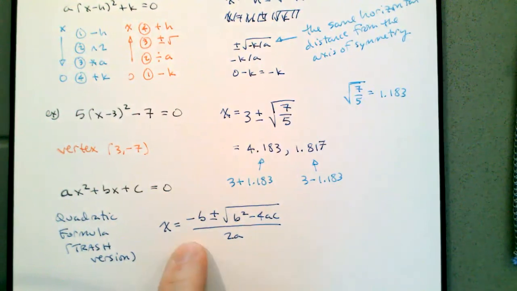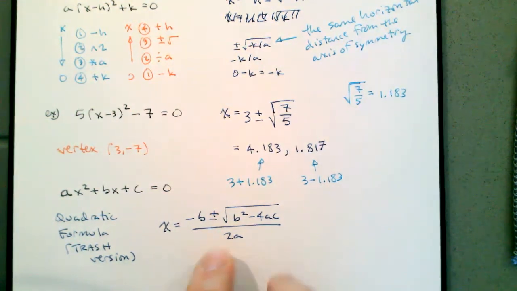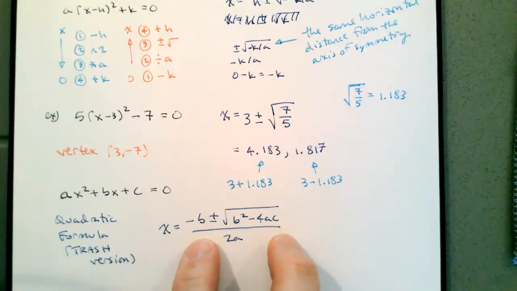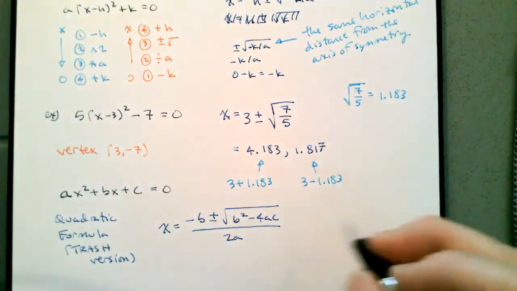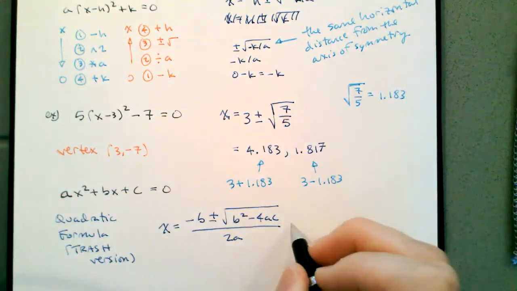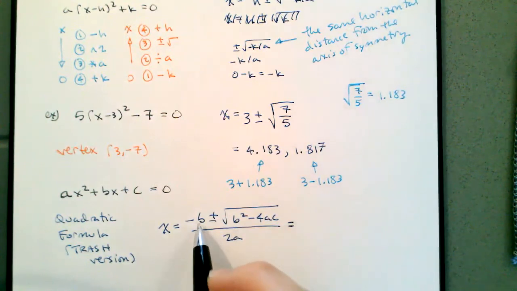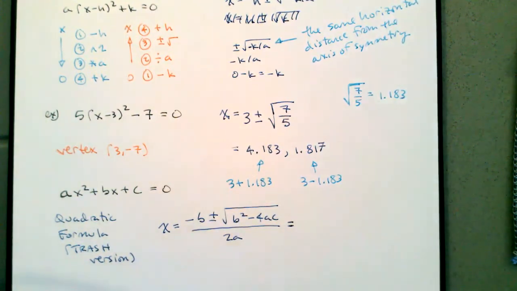But if we look at this negative b plus or minus the square root thing, all divided by 2a, what's happened here is we've taken a fraction and found a common denominator and combined everything over one fraction, ignoring all the cool symmetry that we have. If we rewrite this using the distributive property, I can separate out minus b over 2a.